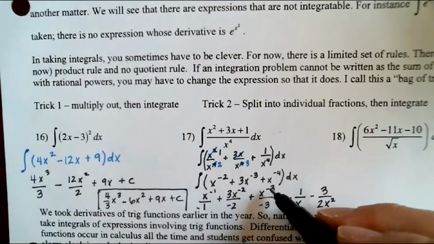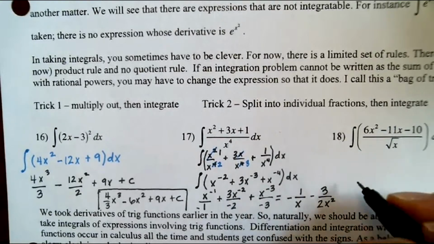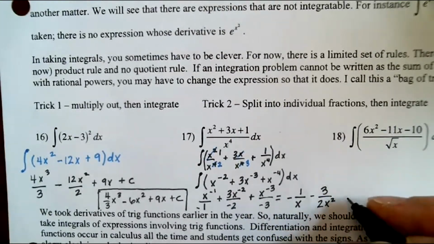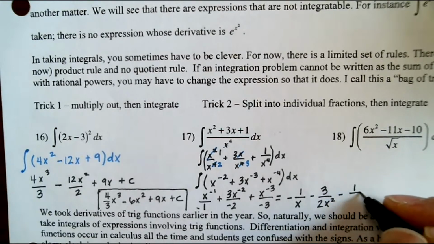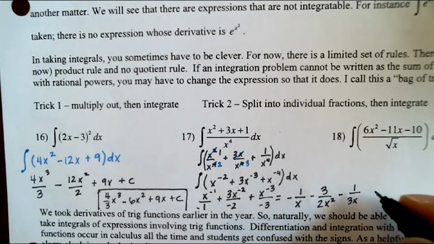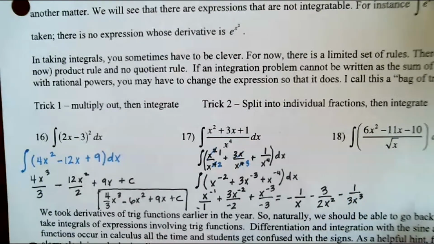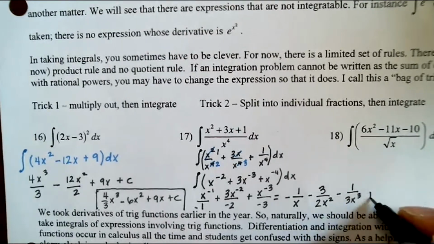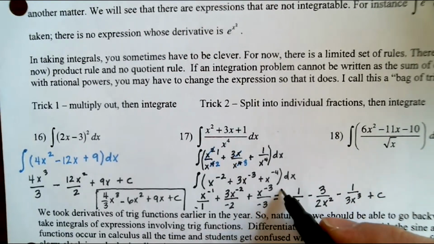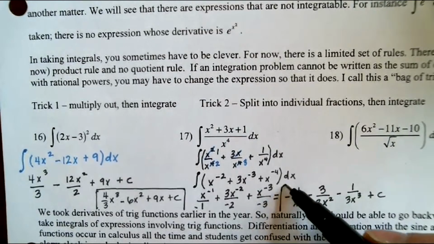And then here, x to the negative 3, that would be pushed to the bottom, so minus 1 over 3x to the third power. And then don't forget plus c. So this right here would be my answer.